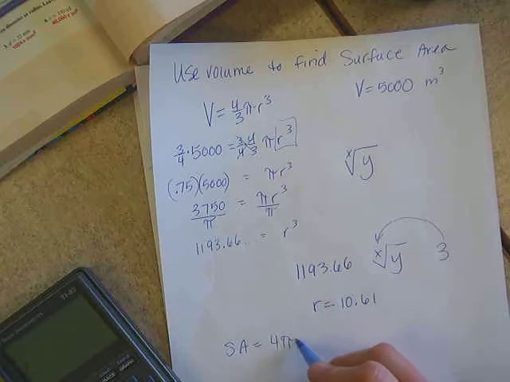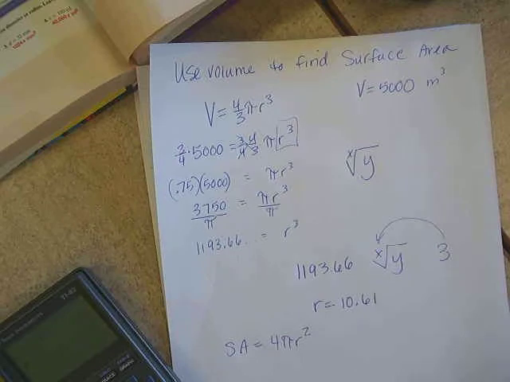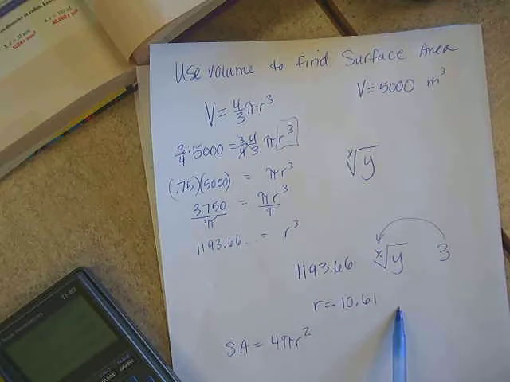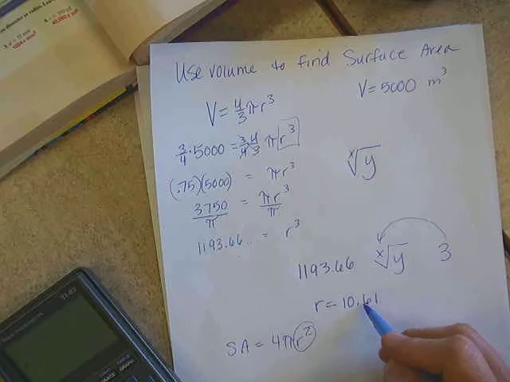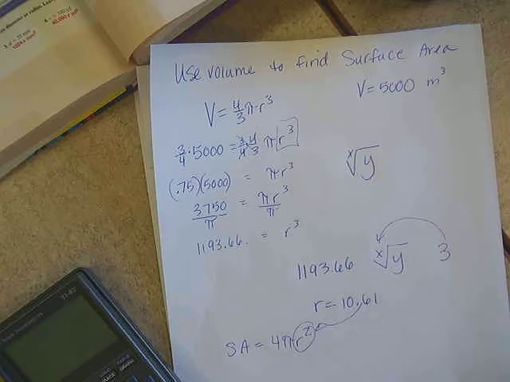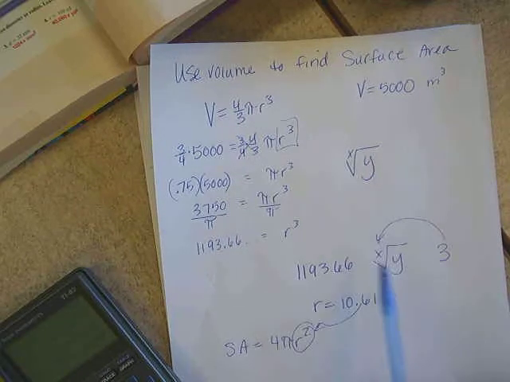We're finding the surface area, so you're going to have to take your radius and plug it back in to the surface area formula, which is 4 pi r squared. So while this decimal is in your calculator, it might be a smart move to square it, right? So if you leave that in and square it, and then multiply by your 4 pi.